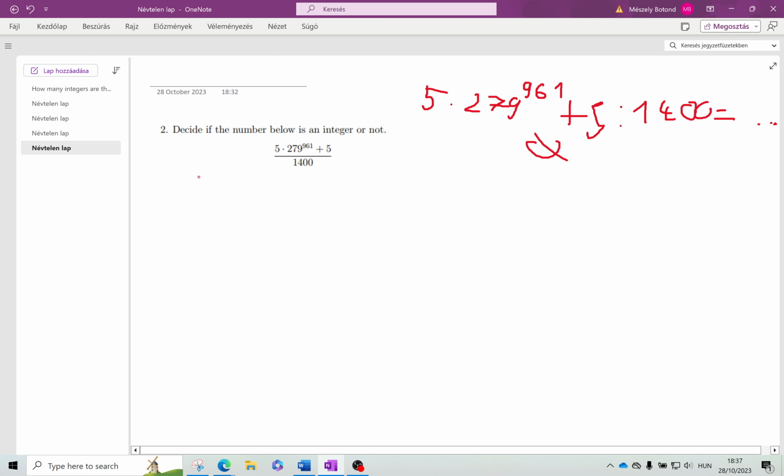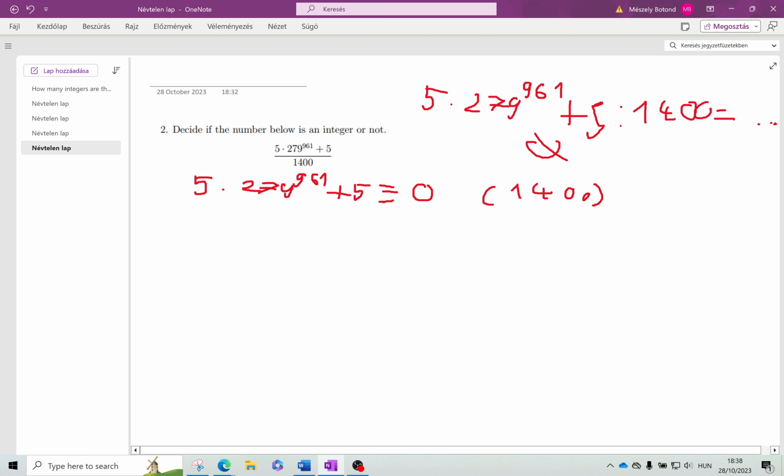Or in other words, 5 times 279 to the power of 961 plus 5 is congruent to 0 modulo 1400.